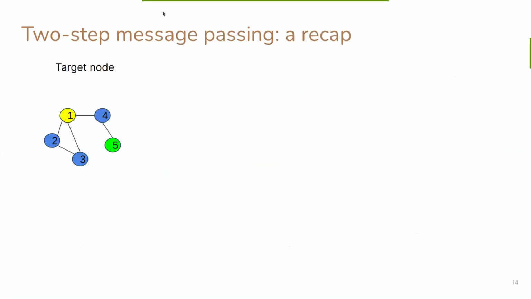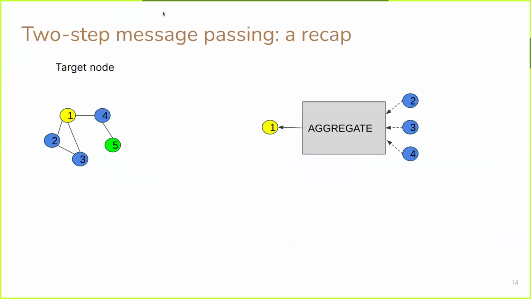So going back to the message passing algorithm, how it operates. Let's say we have some target node, which is node 1, and we want to learn the node embeddings of node 1. In the first stage of our message passing algorithm, we want to aggregate all the information.